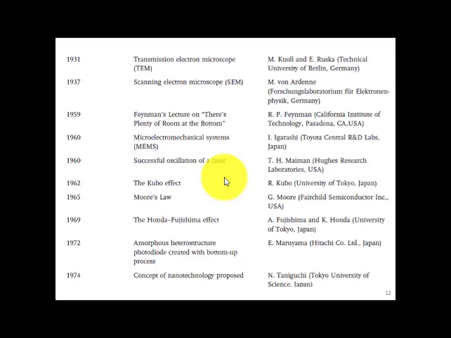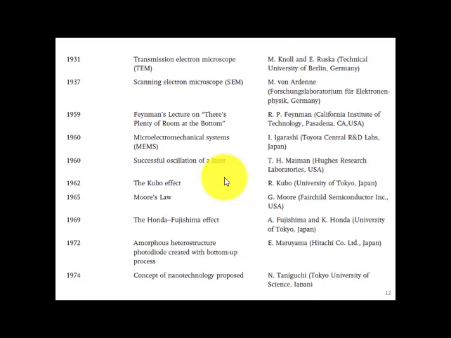In 1959, Feynman, a Nobel Prize laureate, whom I have discussed in this lecture, gave the concept of plenty of room at the bottom, which means that materials can be made smaller and smaller in size, and we can reach the atomic level.